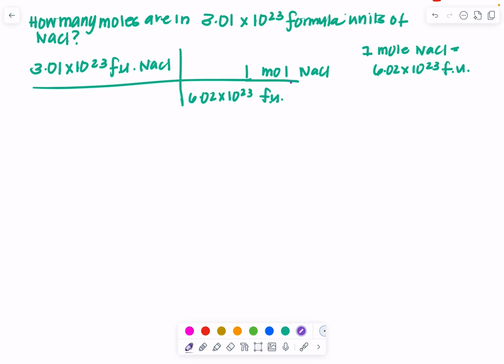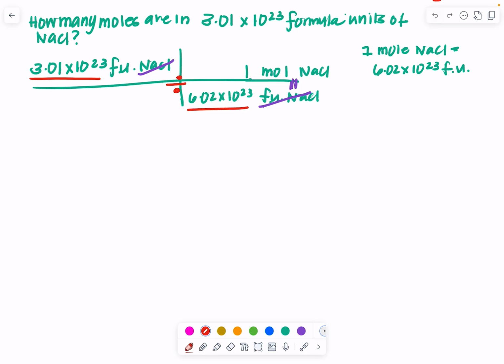So these two, remember, are equal to each other, but we're going to use them in a conversion factor. And of course, our formula units of NaCl cancel. When something is on the top here and the bottom here, we divide, okay? And you don't need to multiply by 1 because that's just the number itself.